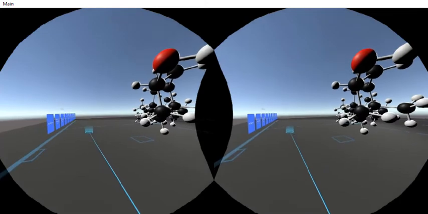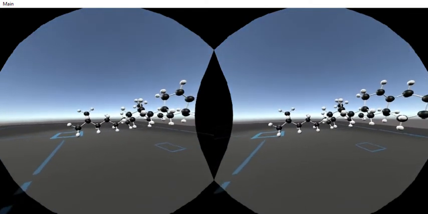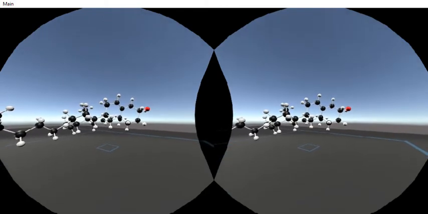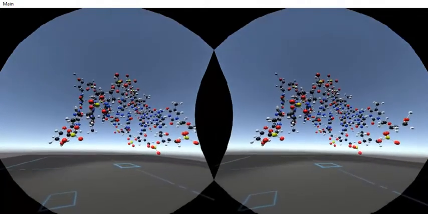I would call it rod-shaped. So cholesterol is made up of fused ring systems, which we can really look at well in the VR.